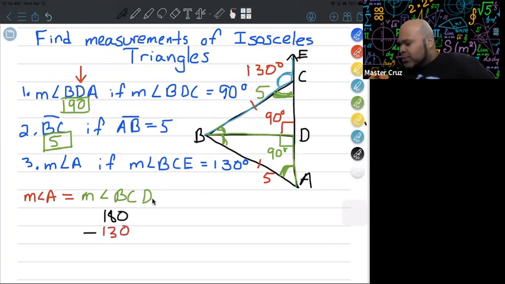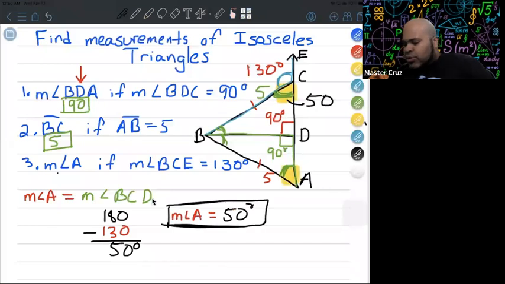That will give me 50 degrees. Okay, so if this angle in here is 50 degrees, because this angle is congruent to this angle, then the measurement of angle A must also be 50 degrees. And that is the answer to number 3, 50 degrees.